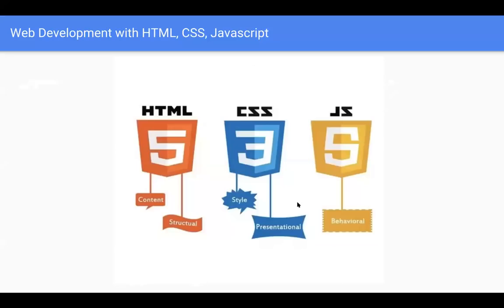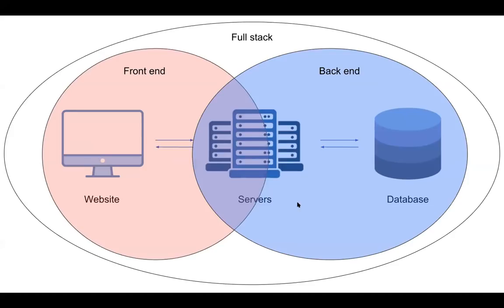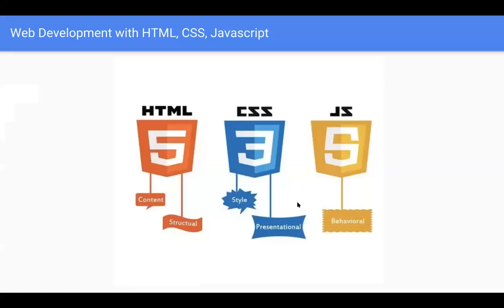Okay, so we're mostly going to be covering front-end stuff in this intro class. And the three languages we use in front-end work are HTML, CSS, and JavaScript. Now, these languages are very different, and they serve very specific purposes in building, say, a website or a mobile application.